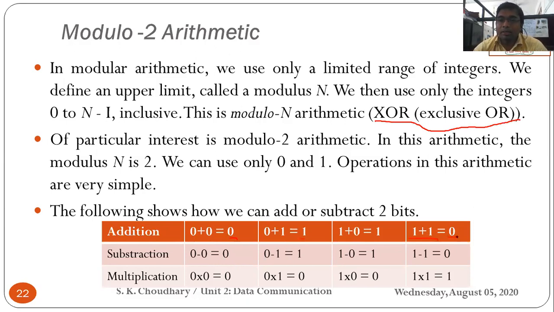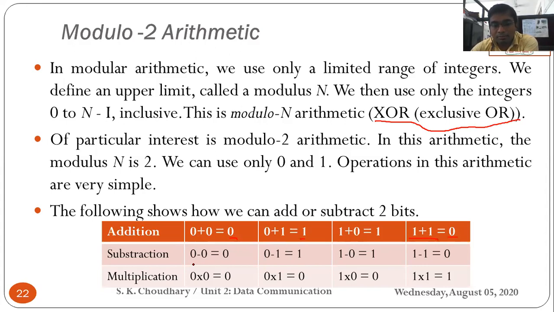We have also learned this in logic gates. In the case of an exclusive OR gate, when dissimilar inputs are there, the output is 1, and when similar inputs are there, the output is 0. Here also, 0 plus 0 is 0, 1 plus 1 is 0, and in the rest of the cases it is 1.